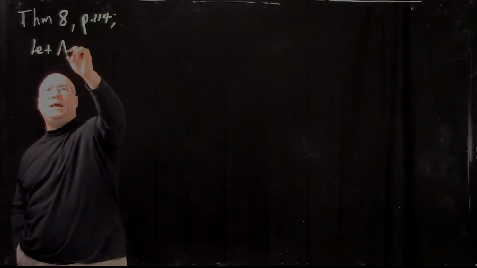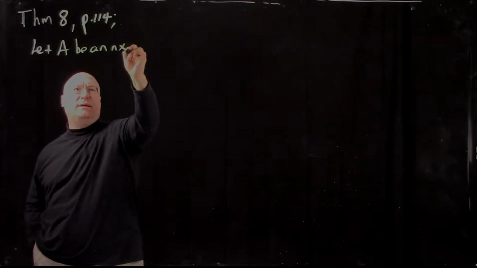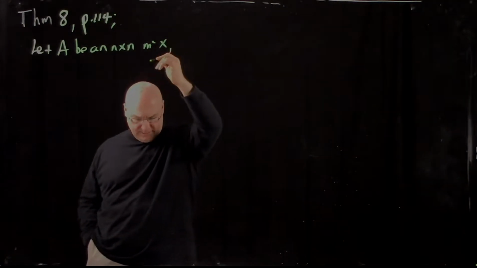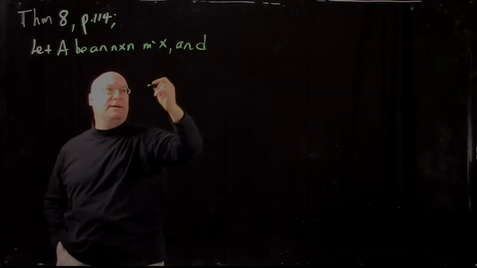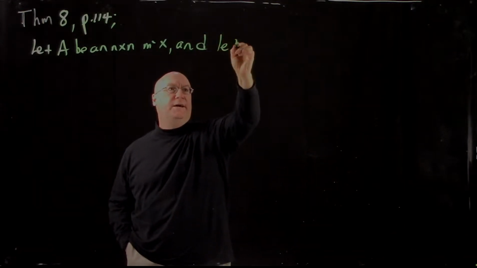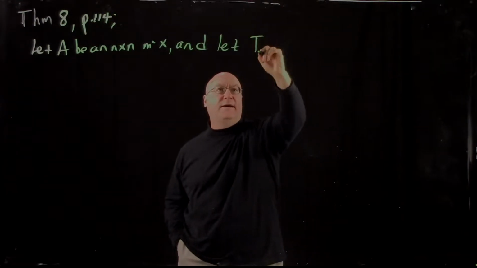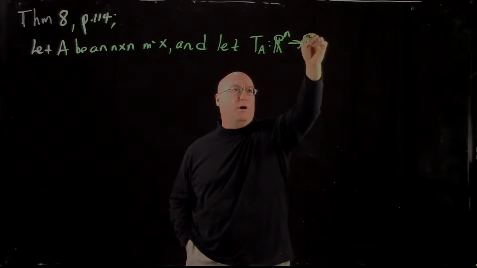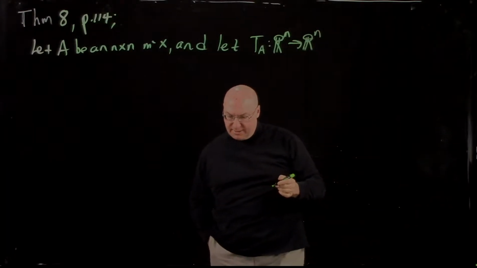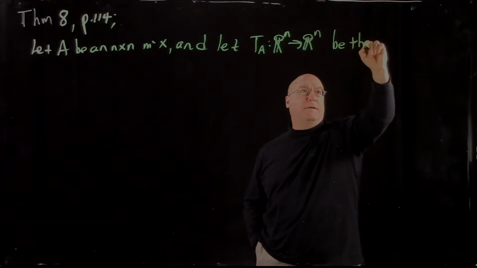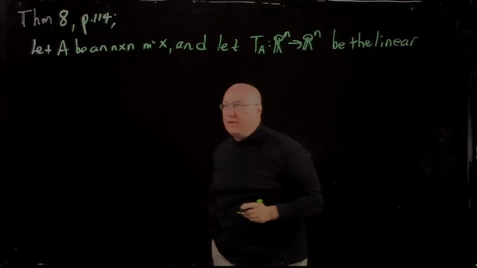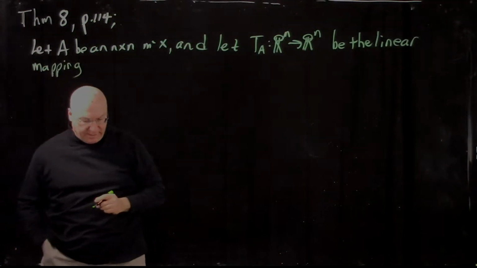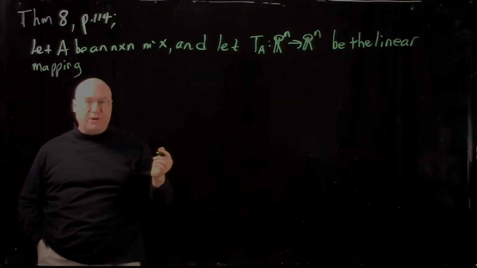So let A be an n by n matrix, and let T sub A, taking Rn to Rn, be the linear transformation, the linear mapping, the linear function, whatever you want to call it. The usual one, defined by multiplication by A.